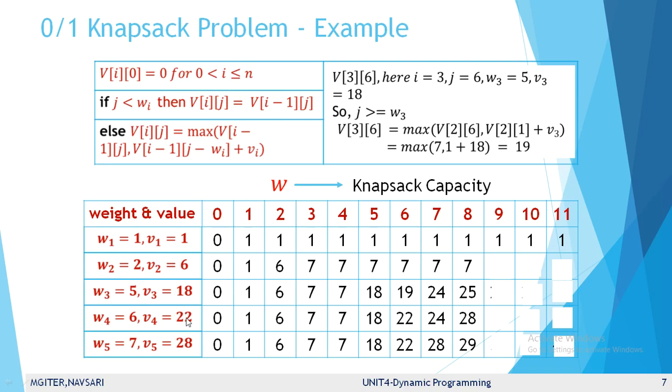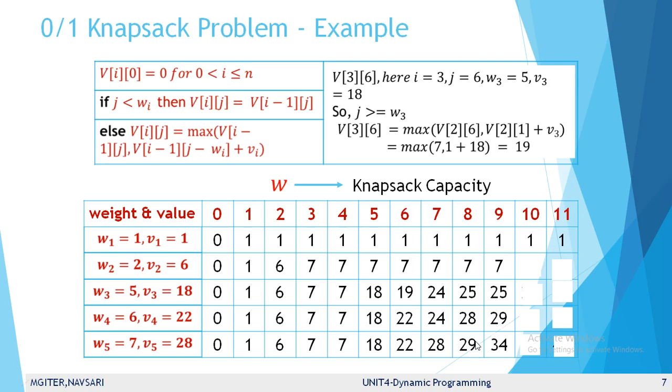The third choice is W1, W2 and W3: 5 plus 2 plus 1 is 8, which gives a profit of 25. W5 and W1 give 29. So here we include the items W5 and W1 with a profit of 29.